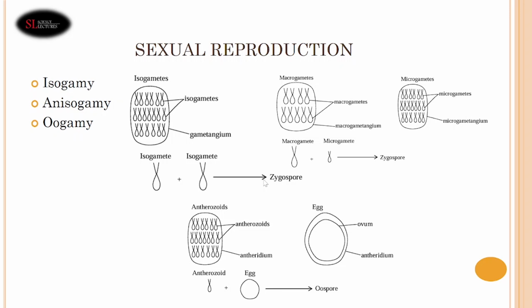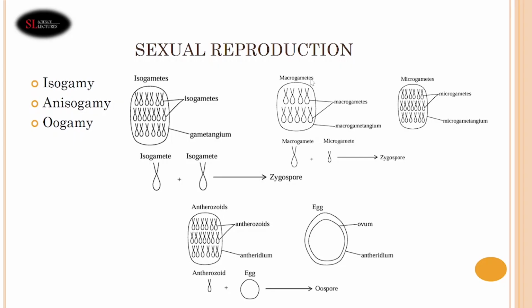Then we have anisogamy, which is the fusion of gametes that differ in structure. We have large gametes and small gametes. The large gametes are called macrogametes, and they are very few in number and less motile, while the smaller gametes are called microgametes, and they are very many in number and highly motile.